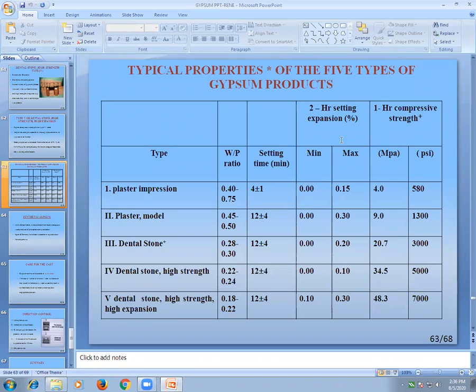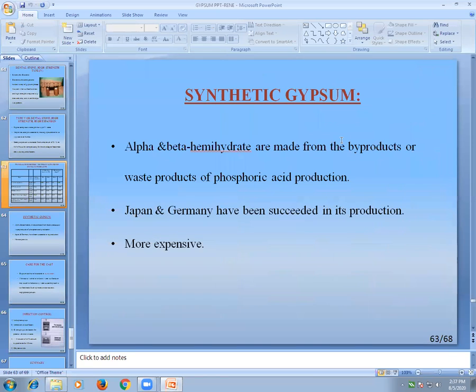With the impression plaster, there is a higher water powder ratio and more expansion compared to type 4, that is dental stone, where the water powder ratio is less and the expansion is less. But in a type 5, the water powder ratio is less but the expansion is higher. We need more expansion for casting purposes, so here again the expansion is increased.